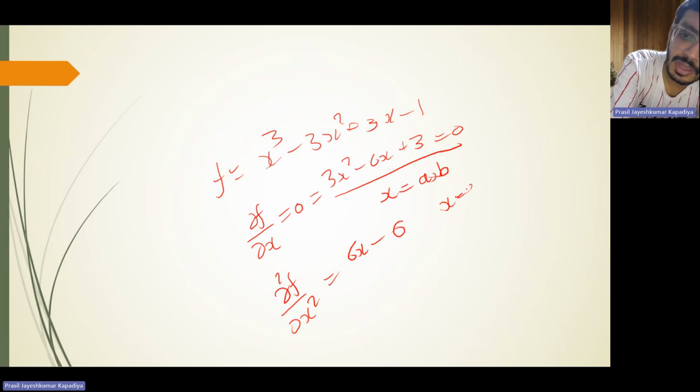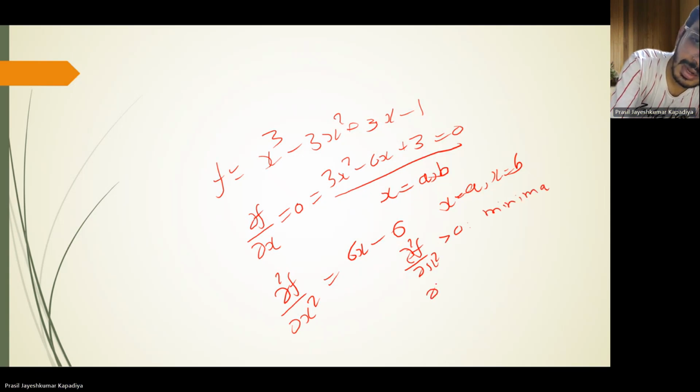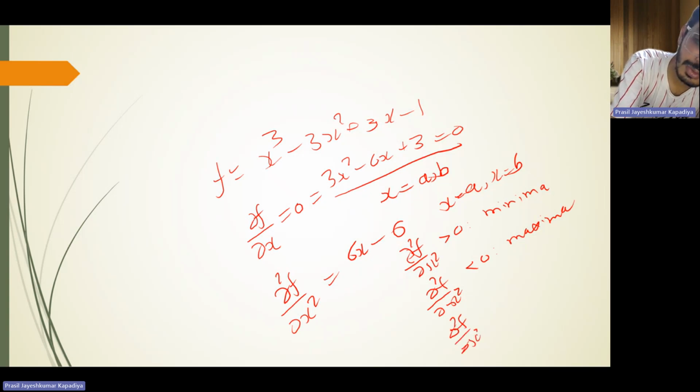If I put x is equal to a and x is equal to b, and if this del square f by del x square is greater than 0, then it is minima. If it is less than 0, then it is maxima. And if that second derivative is equal to 0, then it is called saddle point.